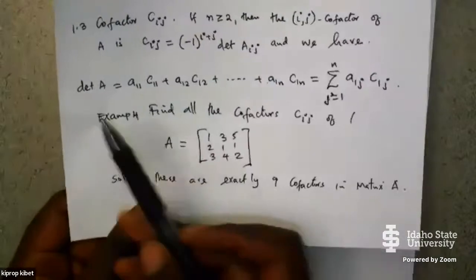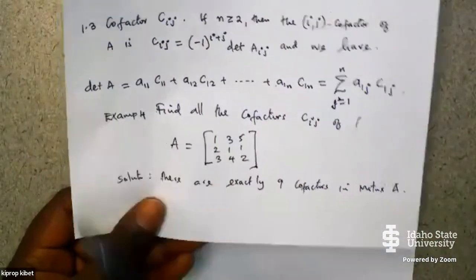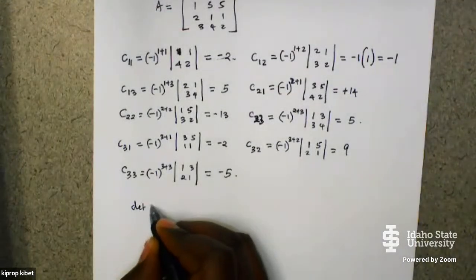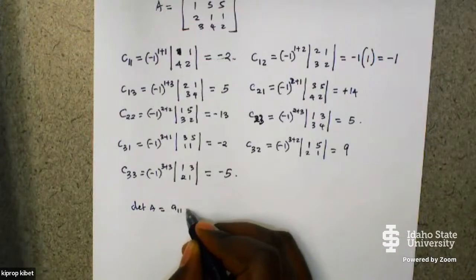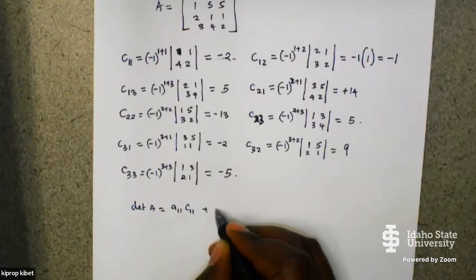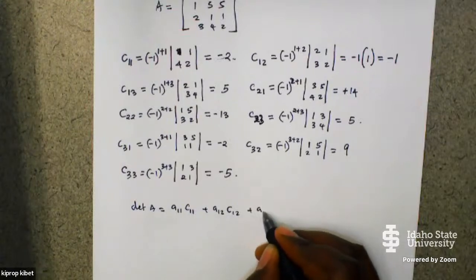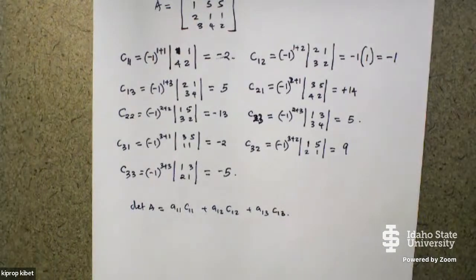If we use the cofactors to find the determinant of A, then determinant of A equals A11 multiplied by C11 plus A12 multiplied by C12 plus A13 multiplied by C13. Okay.